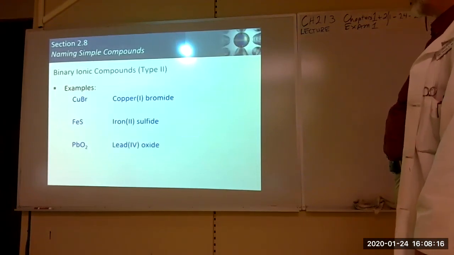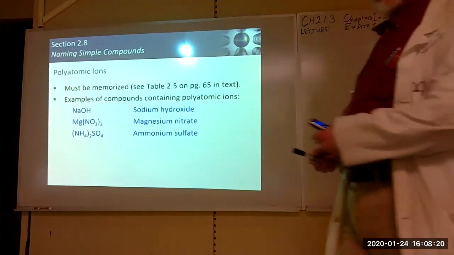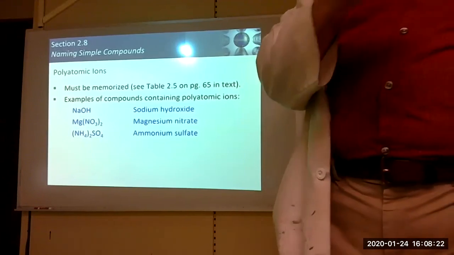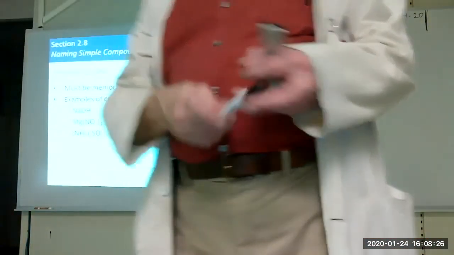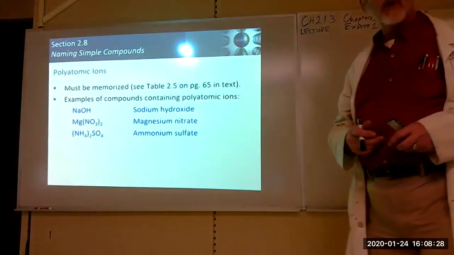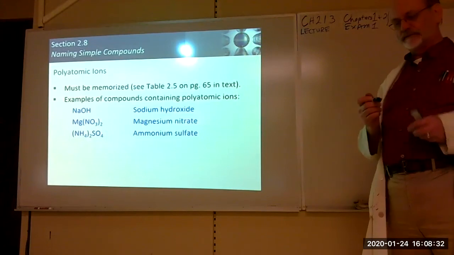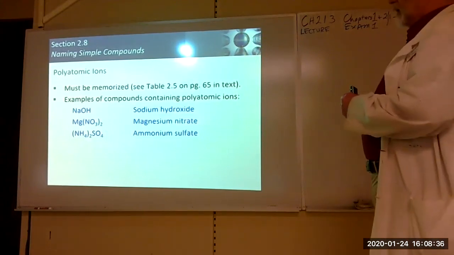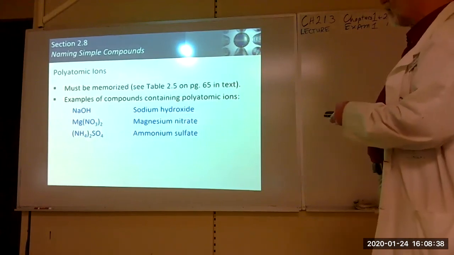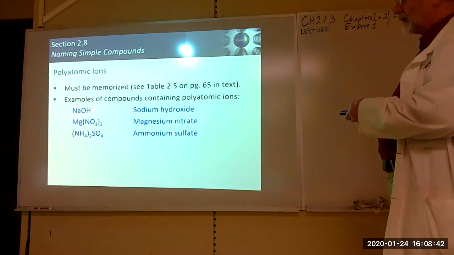Polyatomics. Let's see, did we get them all done? No. We're going to do polyatomics first. I think in your review document, there's a chart in there with polyatomics. Polyatomics have only 1 possible charge for each of those groups. Okay? So, this example of a polyatomic is OH, hydroxide.